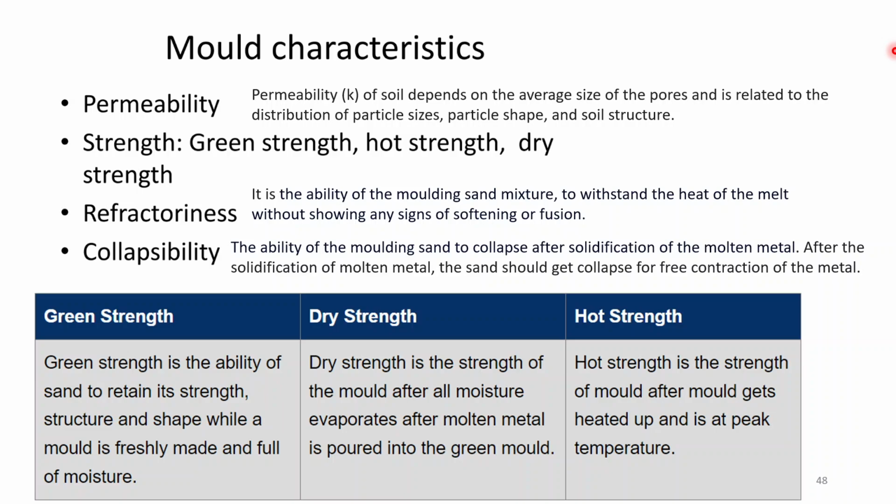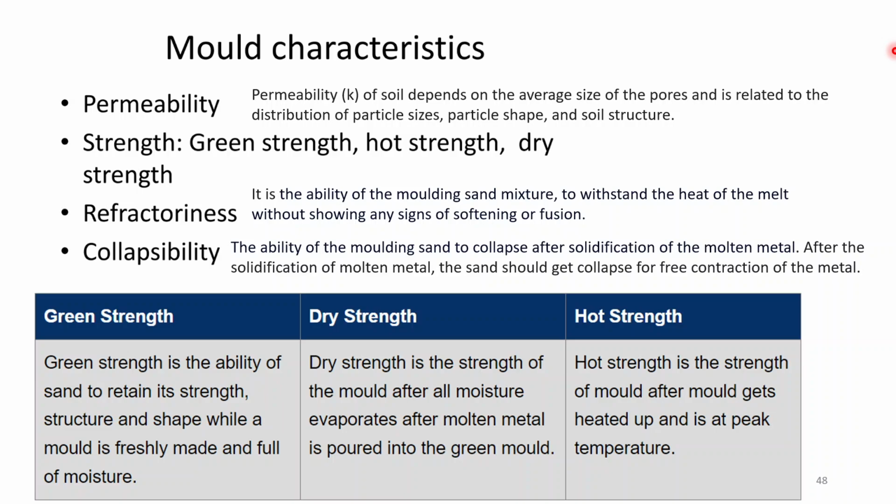Next characteristic is strength. So strength of sand can be of different types. As I told earlier, it can be green strength, hot strength and dry strength, and these are the definitions. Green strength is the ability of sand to retain its strength, structure and shape while a mold is freshly made and full of moisture.